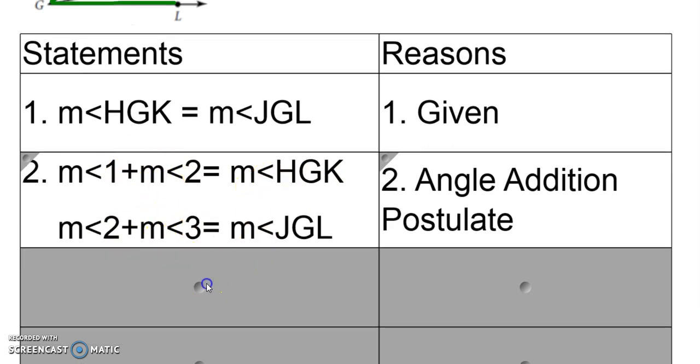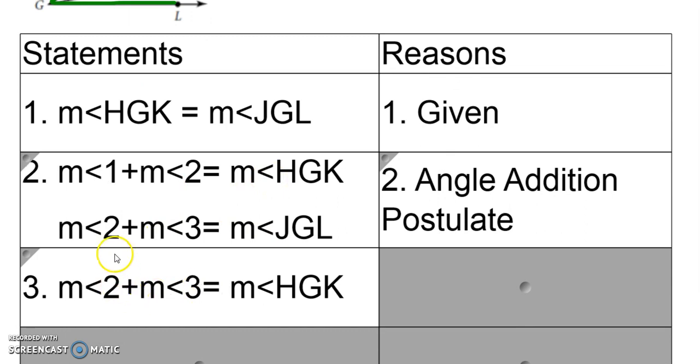So what I've done next is say that the measure of angle 2 plus the measure of angle 3 equals the measure of angle HGK. So I already knew that HGK was 1 plus 2, but since 2 plus 3 is equal to JGL and these two angles are the same, I can now say that 2 plus 3 is equal to HGK.